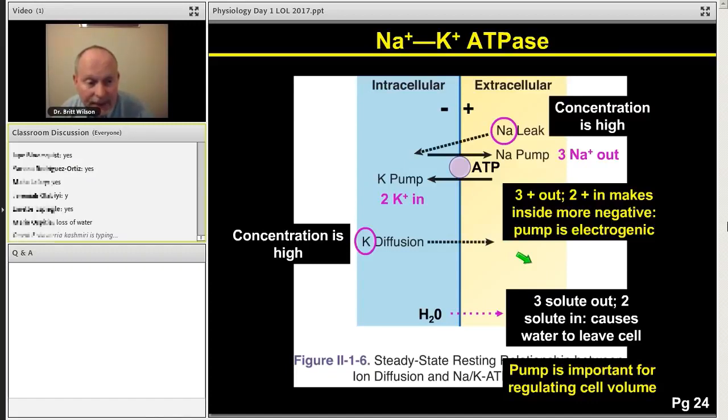It keeps the inside negative, keeps high potassium inside the cell, keeps sodium high outside the cell, and it's important for cell volume regulation. The sodium-potassium ATPase by and large is running on its own, but insulin and epinephrine are factors that influence it greatly.